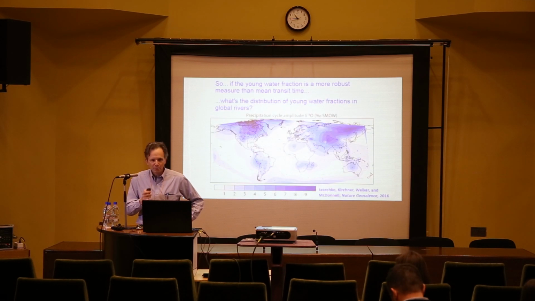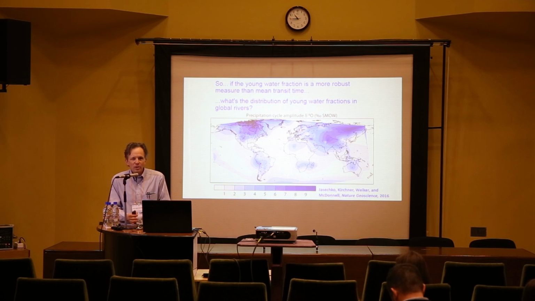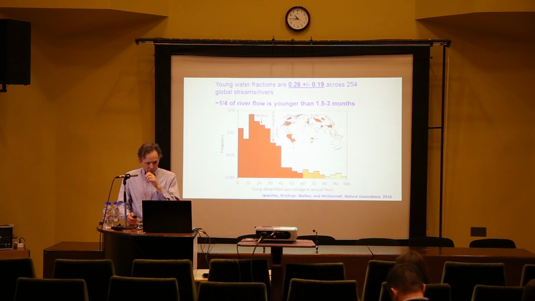So, returning to the big question, how much young water is there in rivers around the world? Well, across all of these rivers, we see that roughly 1/4 of river flow is younger than about 1.5 to 3 months.